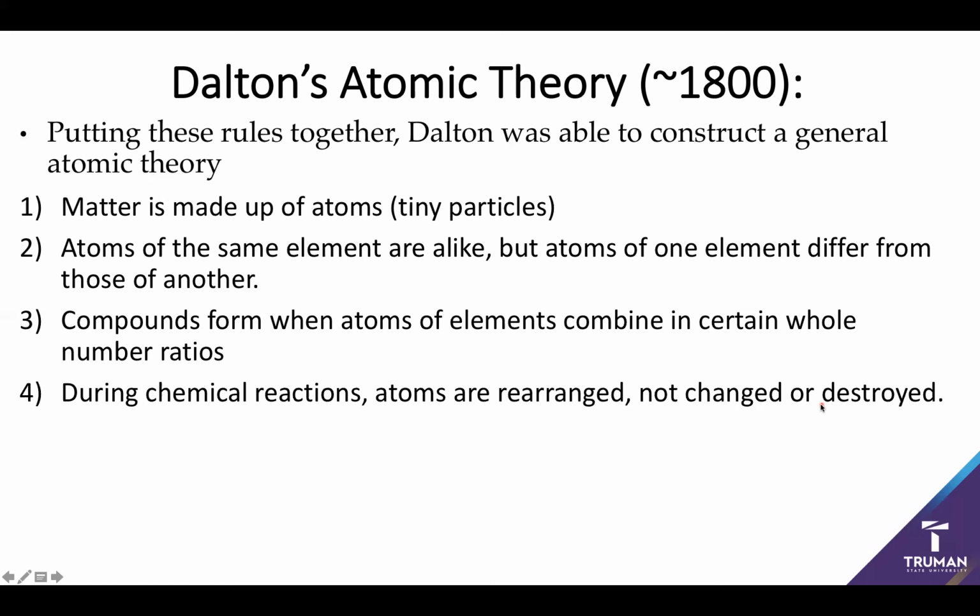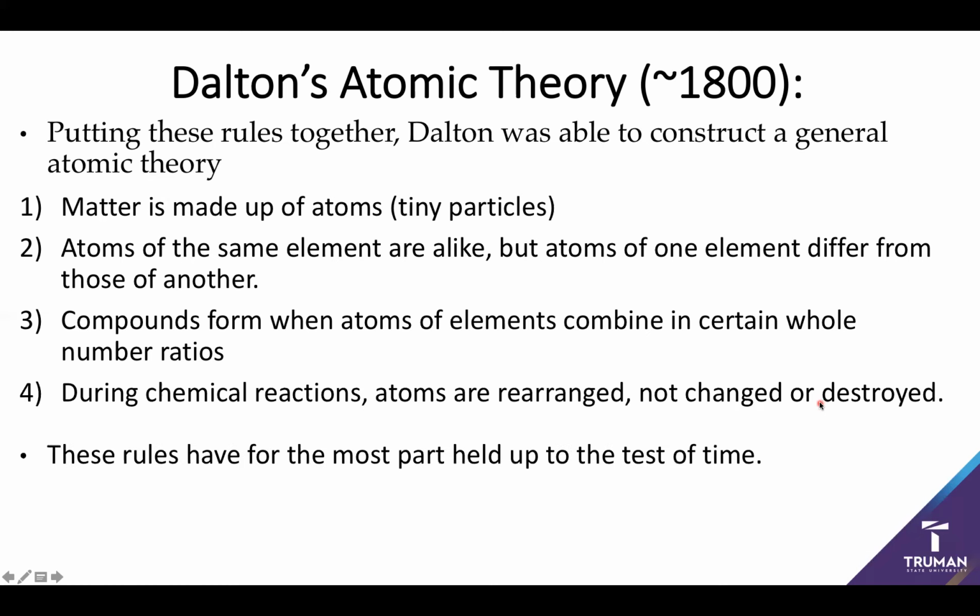And it is worth noting that most of these rules have held up to the test of time, with some slight deviations. We now know that atoms can be subdivided into certain subatomic particles that we'll talk about more next time. We also found that there may be multiple compounds that can be formed by the same whole number ratios.